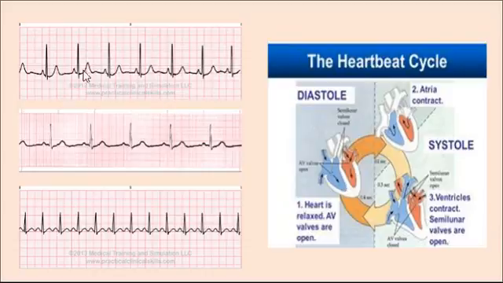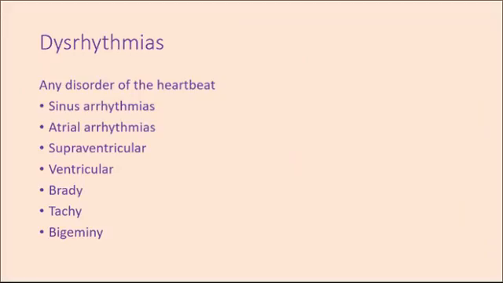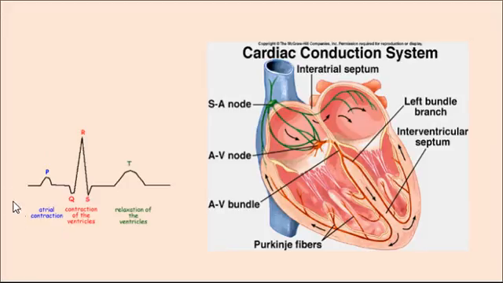So when we look at your rhythms, the first thing you look at is you're looking for patterns, you're looking for regularity, you're looking for a P wave before every QRS. On the slide before, nope, 2 slides, atrial contraction, QRS is your ventricular contraction.